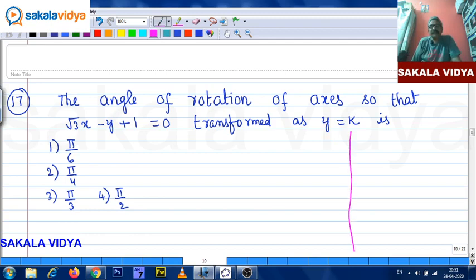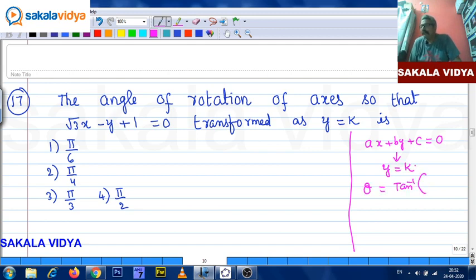For example, if ax plus by plus c is equal to 0 is transformed to y is equal to k, the angle of rotation theta is equal to tan inverse of minus a by b.